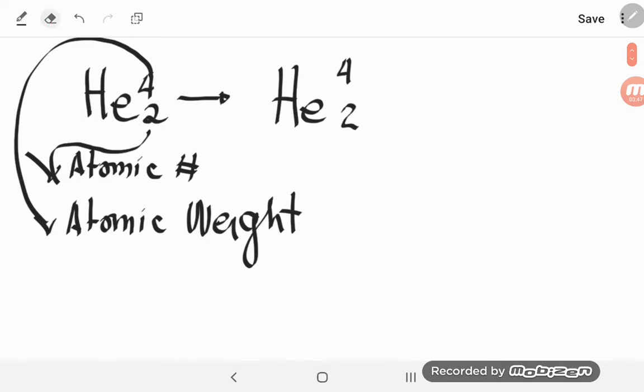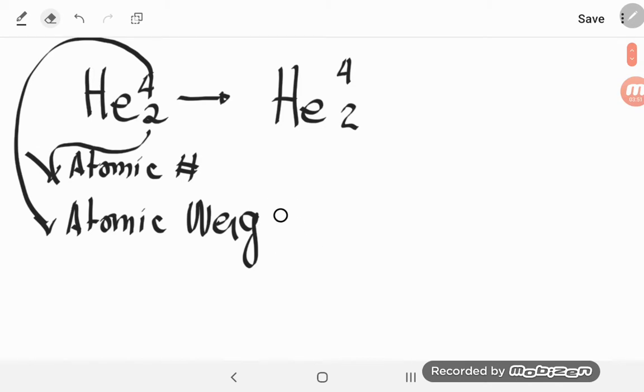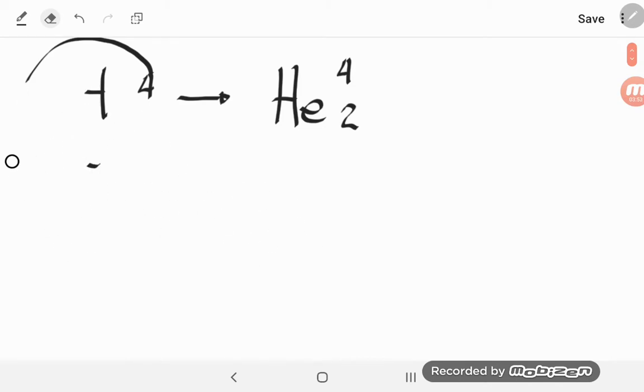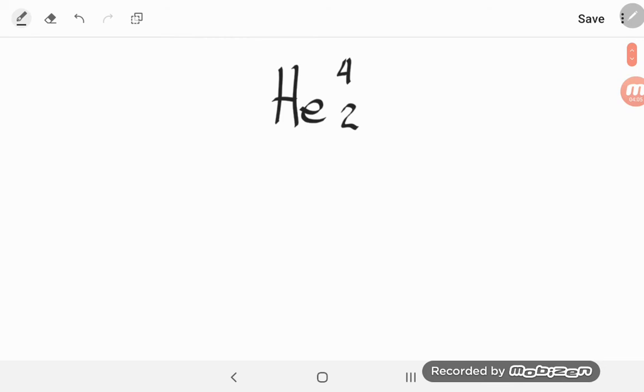So what does this information tell us? So let me erase this. Okay. So the number at the bottom part of the symbol is actually representing the atomic number.